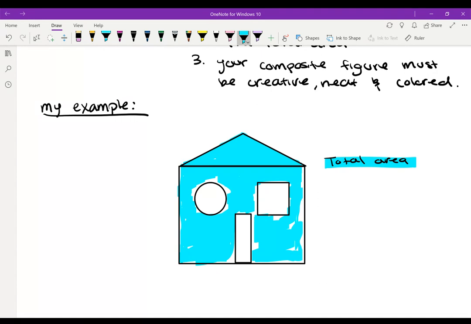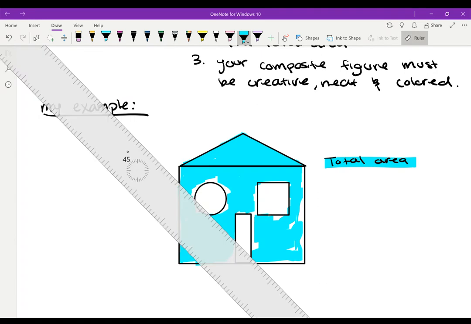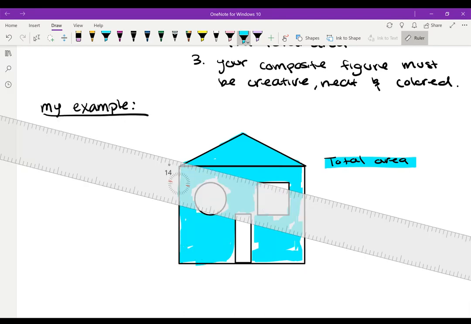So you're going to take a ruler. The application I'm using is OneNote, and OneNote is free for Windows users. So if you are able to download it, you could do this all on your computer as well if you wanted to. Okay.